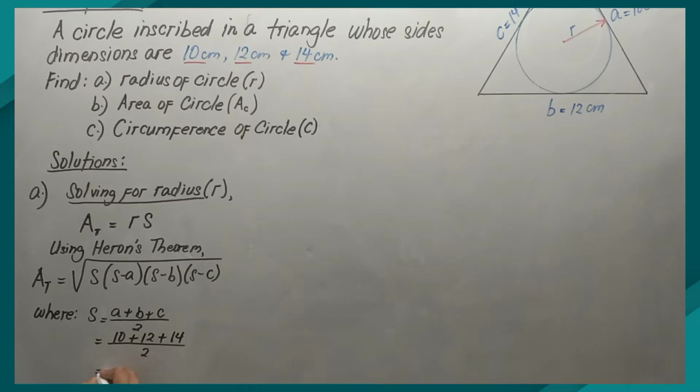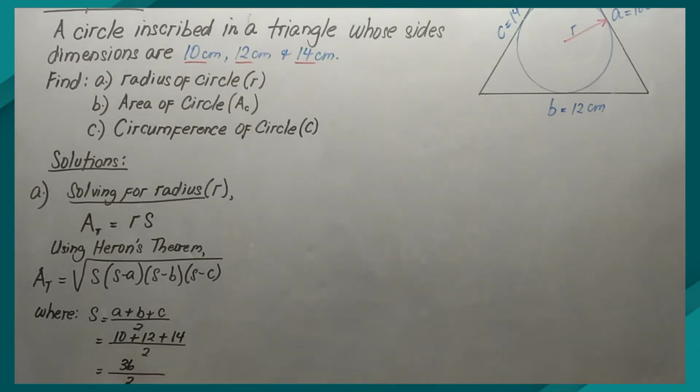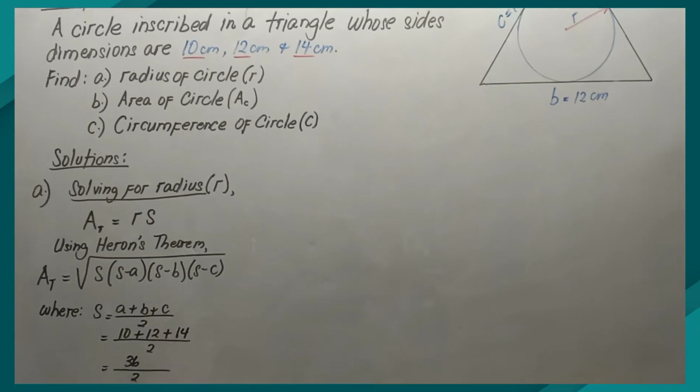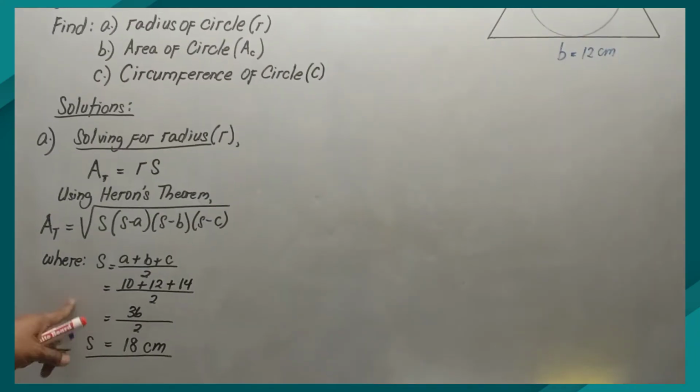So let me calculate, guys. 10 plus 12 plus 14 equals 36, divided by 2. So S is equal to 36 divided by 2, which is 18. What's the unit, guys? Centimeter, because we're using centimeter units for the three sides of the triangle. 18 cm. So this is the value of the semi-perimeter.